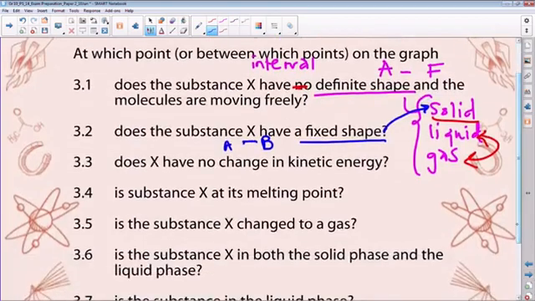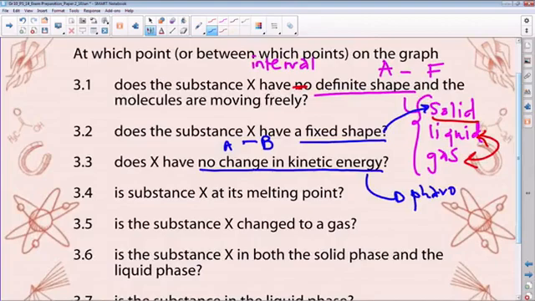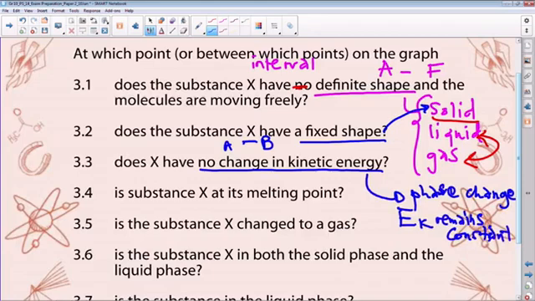Now, where is there no change in kinetic energy? No change in kinetic energy takes place when there is a phase change. During phase change, what do we know? EK, which is kinetic energy, remains constant. So let's go to the graph and check where there is no change in kinetic energy, which is particularly the temperature.